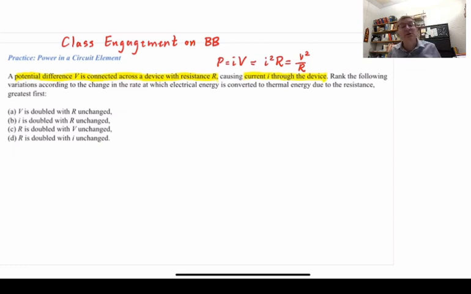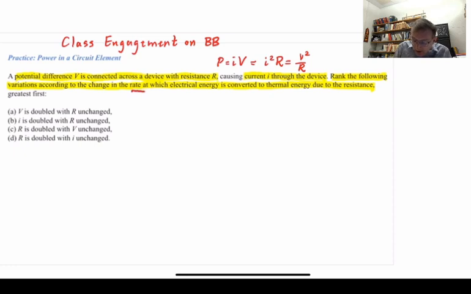And we're going to make some changes, and we're going to ask us to think about how the power has changed. So here's what it says. Rank the following variations according to the change in the rate at which electrical energy is converted to thermal energy due to the resistance. Now watch out, that's code.